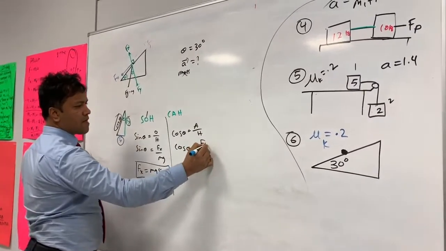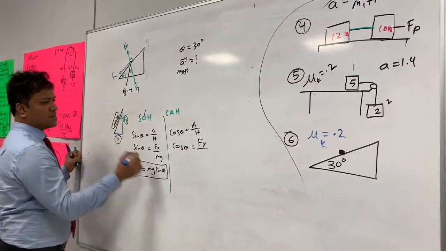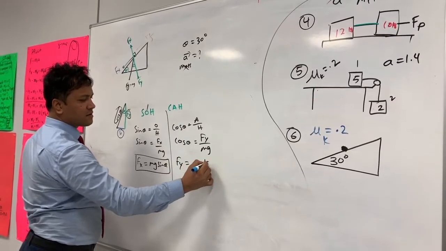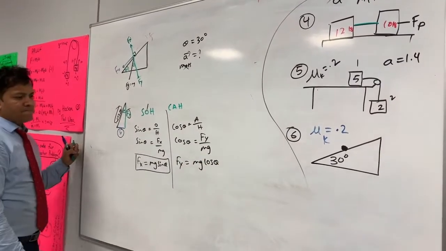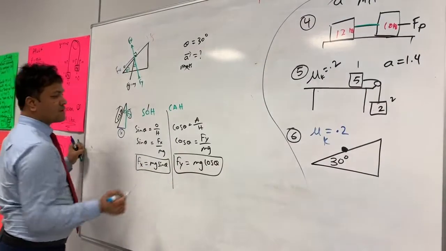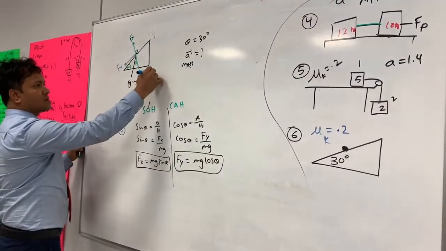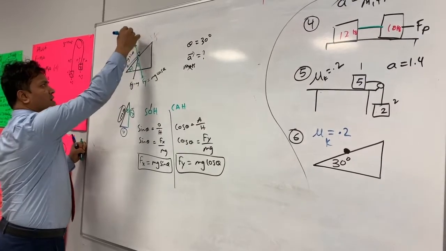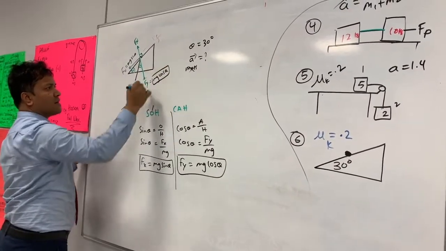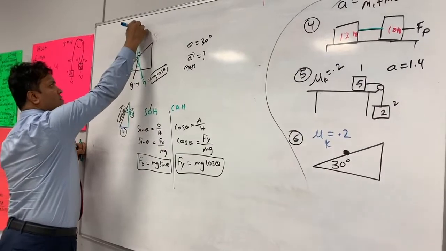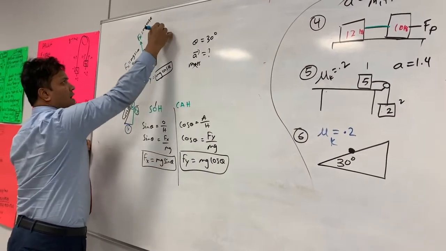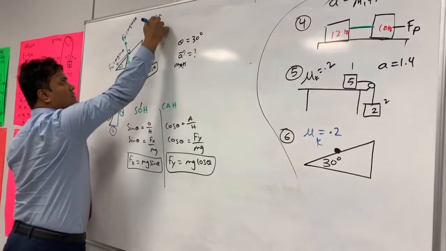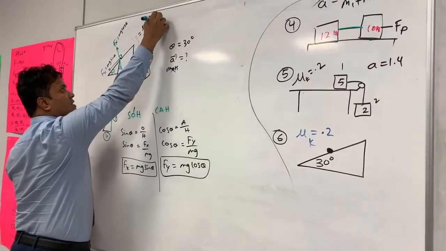Fy. What is hypotenuse? mg. So Fy is equal to mg cosine theta. Fn is also mg cosine theta. Ff is equal to mu Fn, so this is mu mg cosine theta.